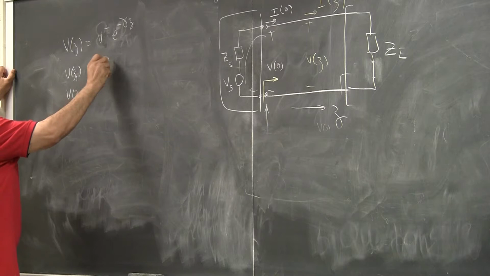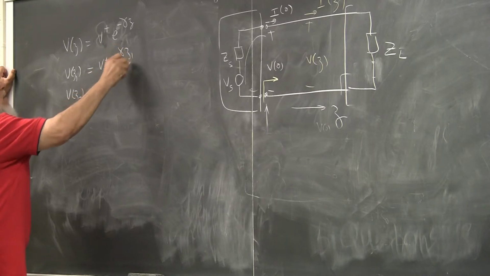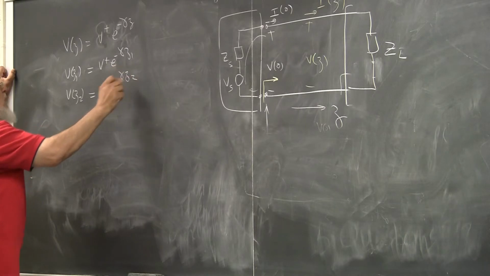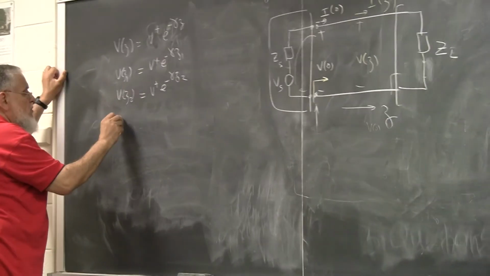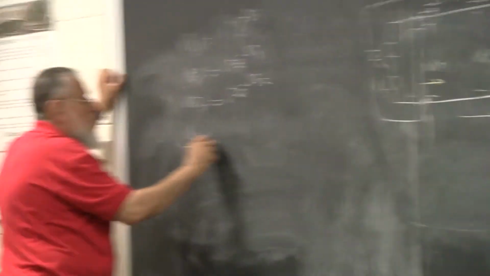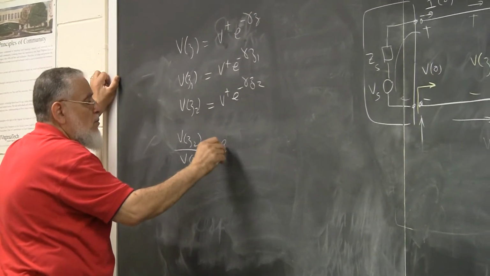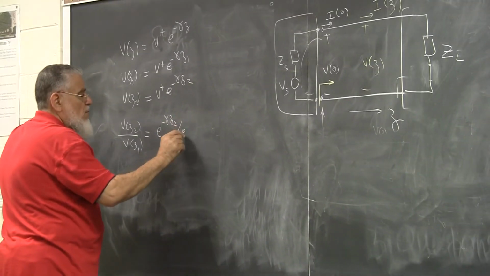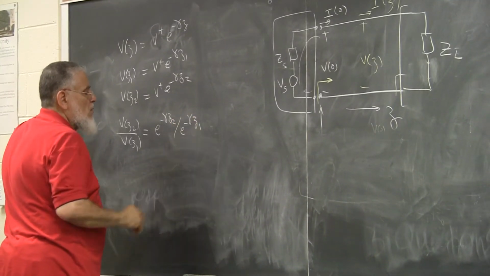This is V plus e to the minus gamma Z1. This is V plus e to the minus gamma Z2. It's very useful to say V of Z2 over V of Z1 is equal to e to the minus gamma Z2 divided by e to the minus gamma Z1.